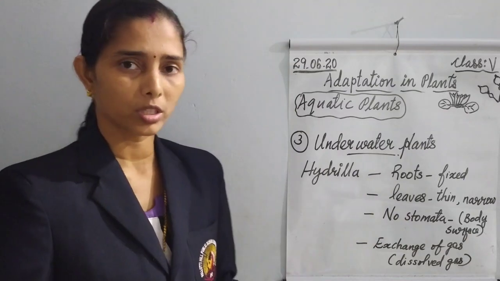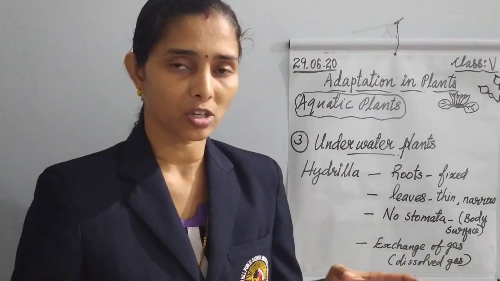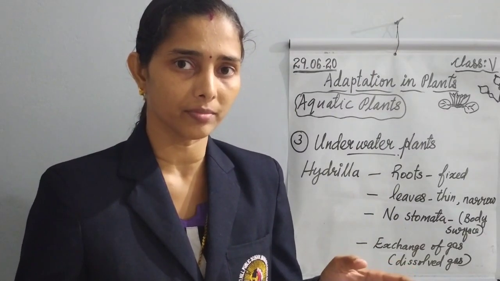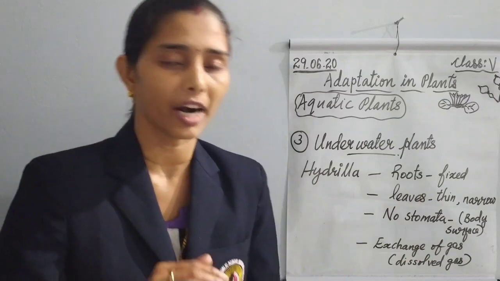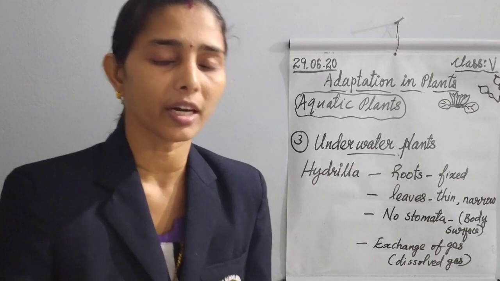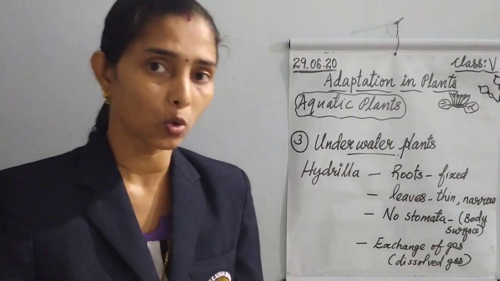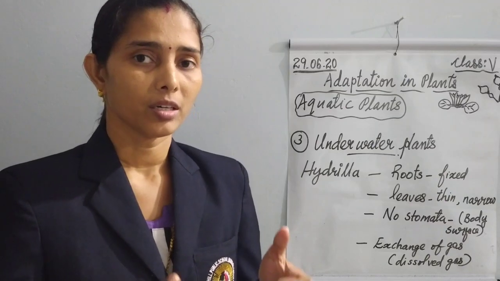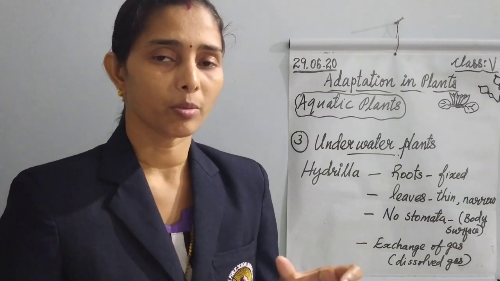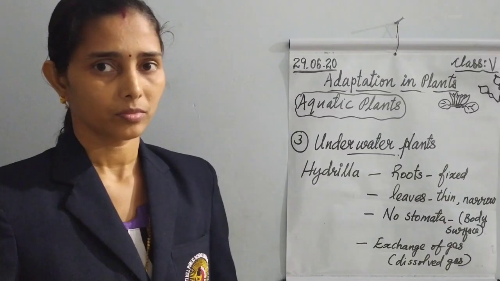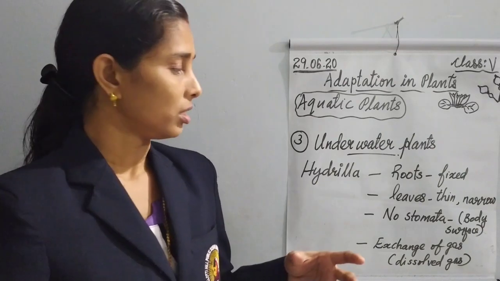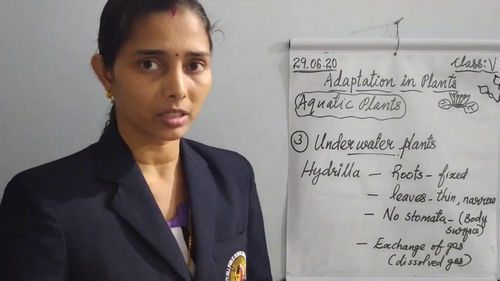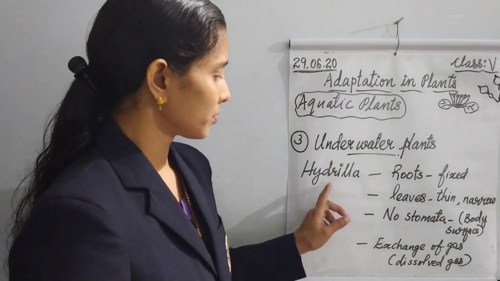What about its root? Underwater plants or submerged plants, what is meant by them? They are completely under the water. So their root, their body, every plant part will be under the water. So how does the hydrilla live?